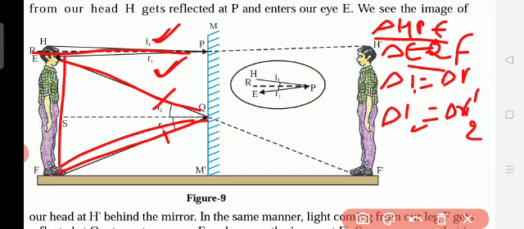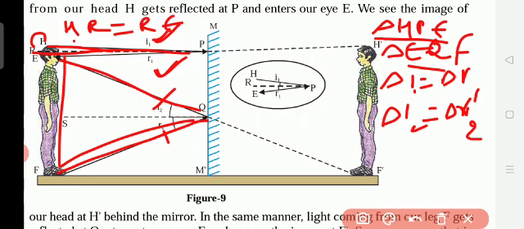So HR is equal to RE. Since both angles are equal, HR is equal to RE.